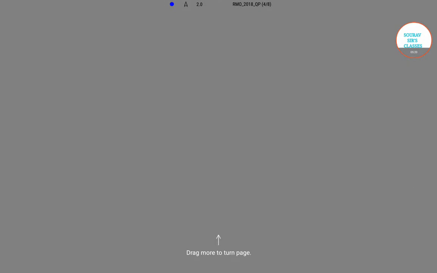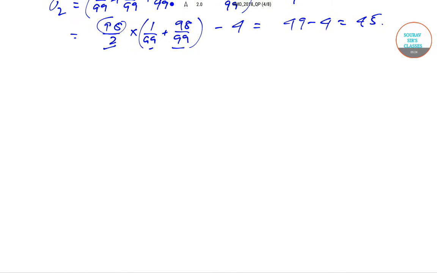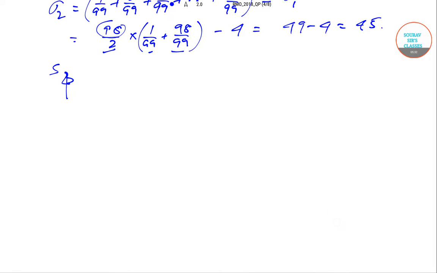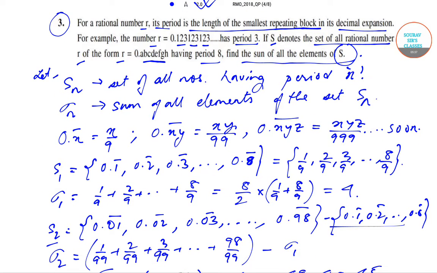Okay, now we will not go to S3, we'll go to S4. So why are we going to S4? Since we are basically concerned with finding the sum of the numbers having period date.